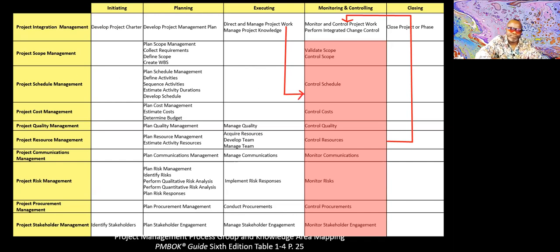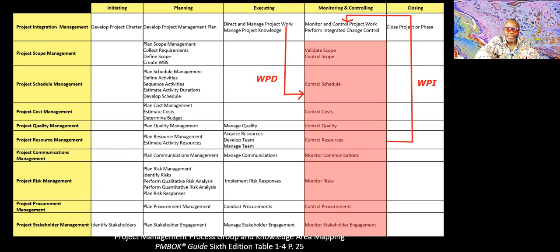So here's the deal. Here's the mystery of WPD, WPI, WPR resolved. Work performance data goes in. Work performance information comes out. And a work performance report is what you get out when you have consolidated all of that information.